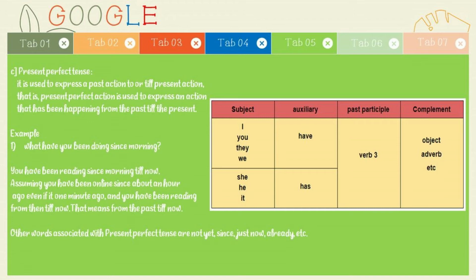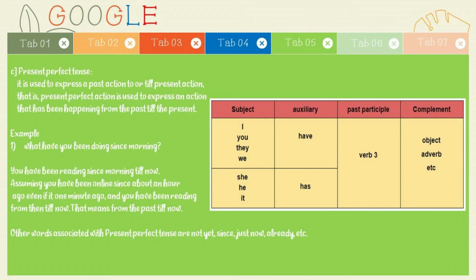Next material is present perfect tense. It is used to express an action that has been happening from the past till the present. For example, what have you been doing since morning?